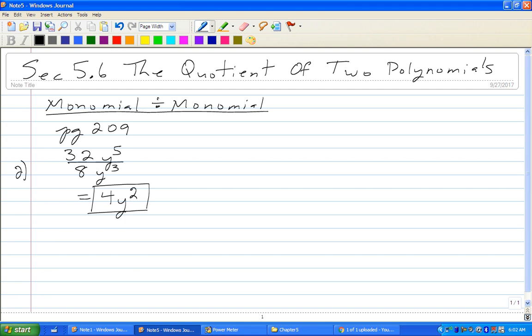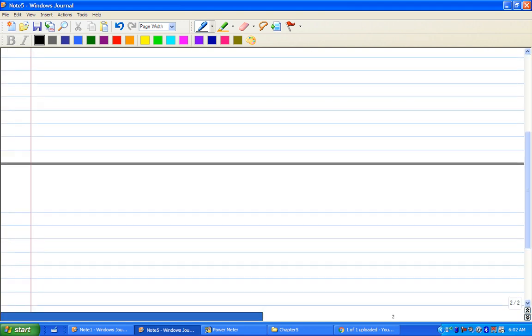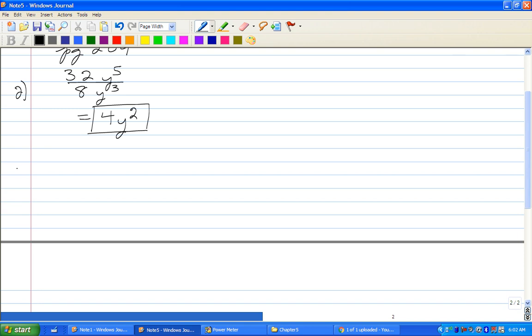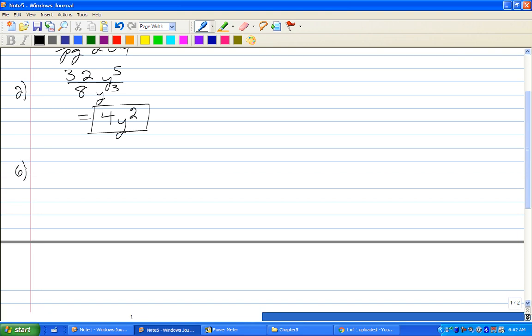Let me do, let's say, problem number 6. Negative 6 x squared y cubed divided by 3x y squared. So let's simplify this first.